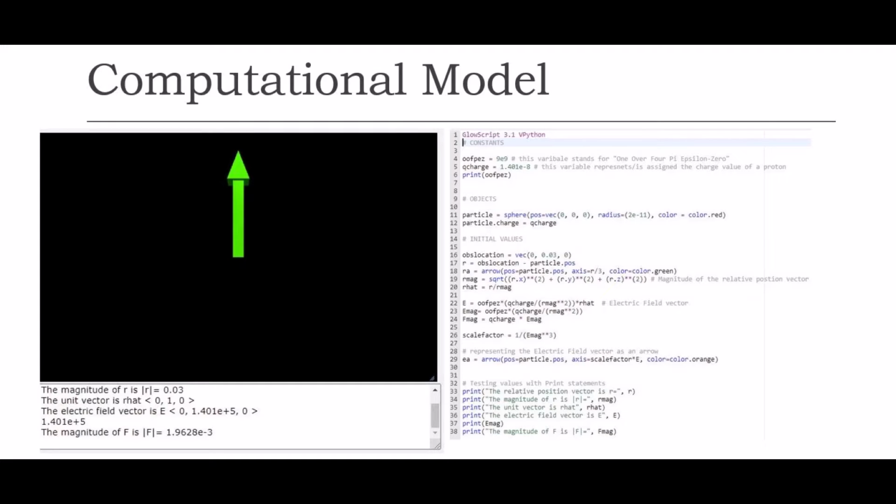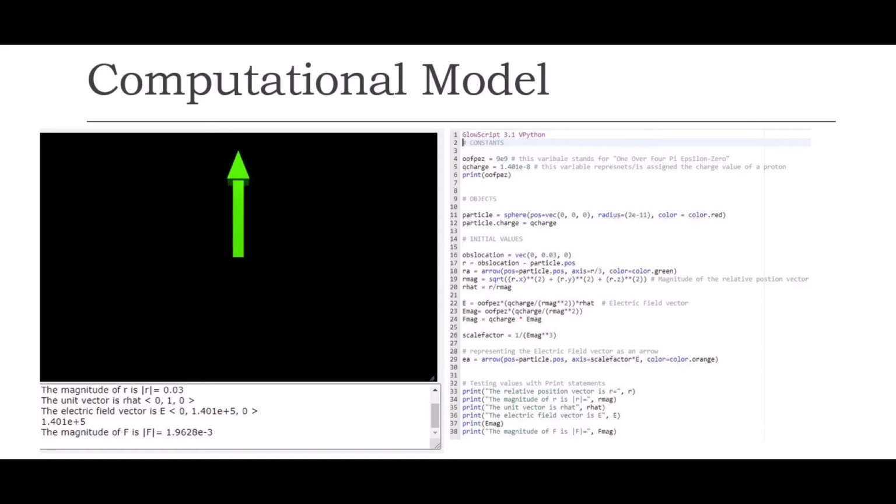Then I inserted my values into a computational model, which primarily utilizes the Lab 0 templated code, and all I mainly changed was the charge associated with the pieces of tape, which is 1.401 times 10 to the negative 8, and the observation location, which was the separation distance.